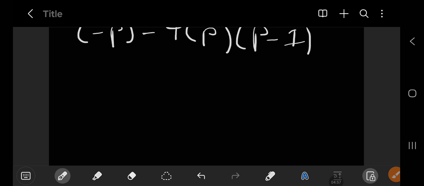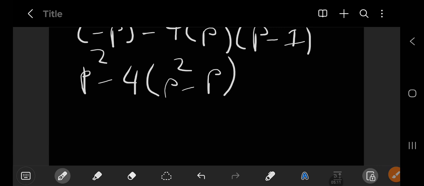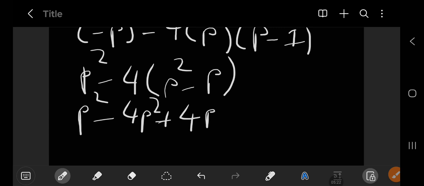Because it's raised to an even exponent, this ends up as p squared minus 4 into p times p, which is p squared, and then p times negative 1 is negative p. So we have p squared minus 4p squared minus positive negative is positive plus 4p, and this is greater than or equal to 0.